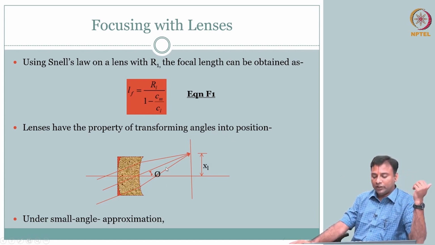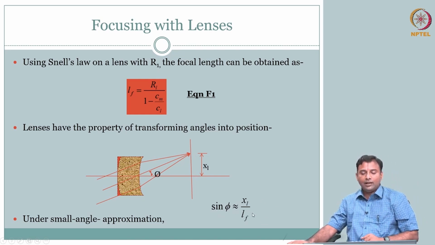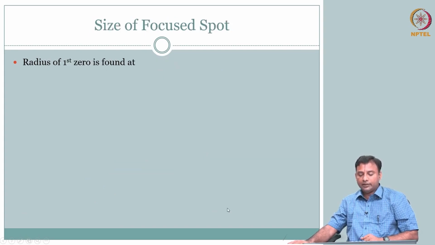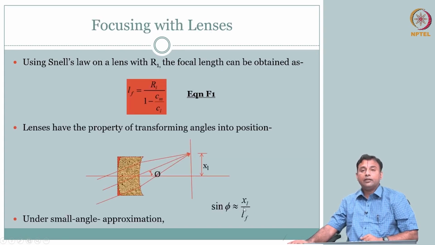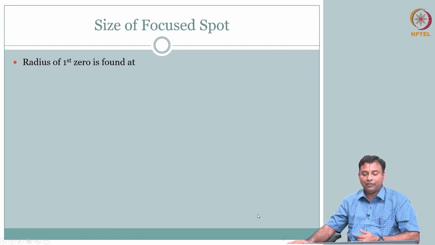So that means it is going to do a transformation of angles into positions. So if you look at this geometry, you can get your sin phi, right? This is your LF, this is your XL. So sin phi is XL by LF. If you do a small angle approximation, we had our sin phi for an angle of divergence before, same thing, but now we will substitute sin phi to be XL by LF.